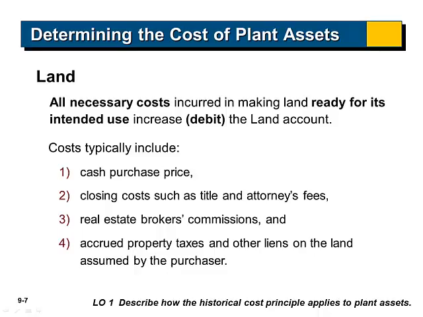That would increase or debit the land account. And these costs typically include things like the cash purchase price of the land, any closing costs such as the title and attorney fees, any real estate broker commissions that you have to pay when you're buying the land, and any accrued property taxes and other liens on the land assumed by the purchaser.